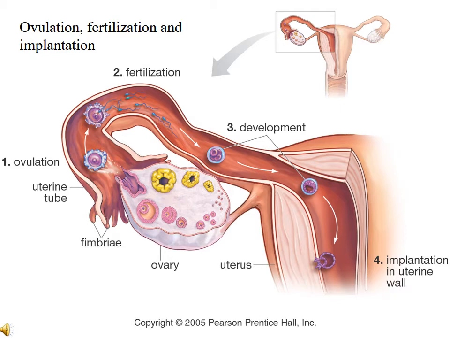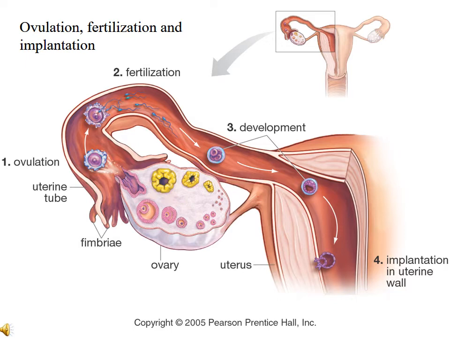And at the end of number 3, we see a small blastocyst that's formed, and this takes place about day 5 or so, day 6, and this blastocyst will now embed itself or implant itself into the uterine wall. Now, maintaining the integrity of the uterine wall is vital. Otherwise, this process cannot occur.